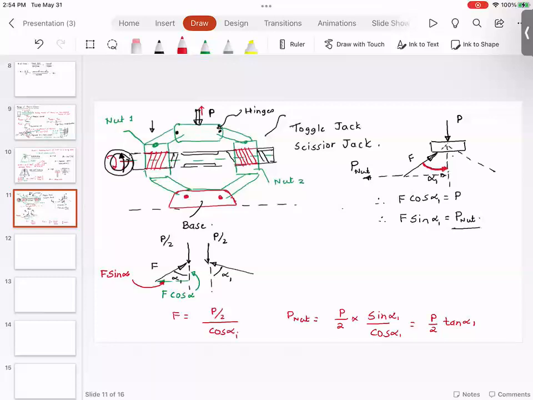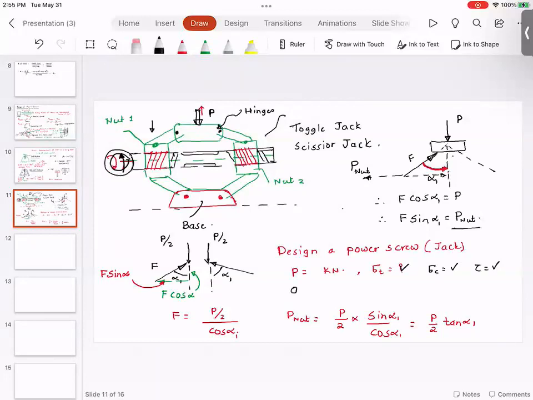So again, once you find the forces, the design statement would become something like this: design a power screw or a screw jack for load equal to XYZ kilonewtons, and then they will give you the value of sigma T. So sigma T will be given to you, sigma C will be given to you, and value of tau will be given to you.